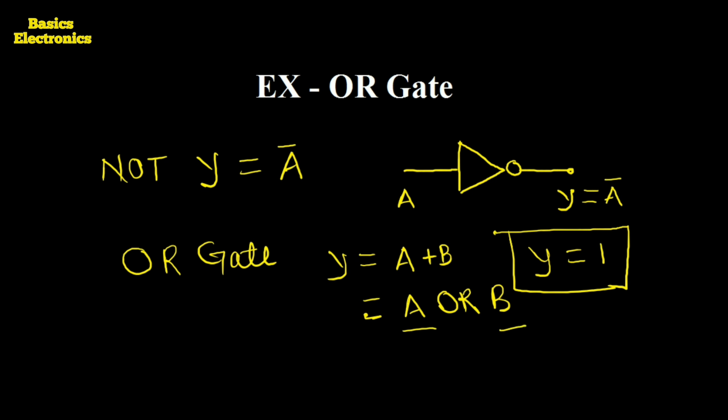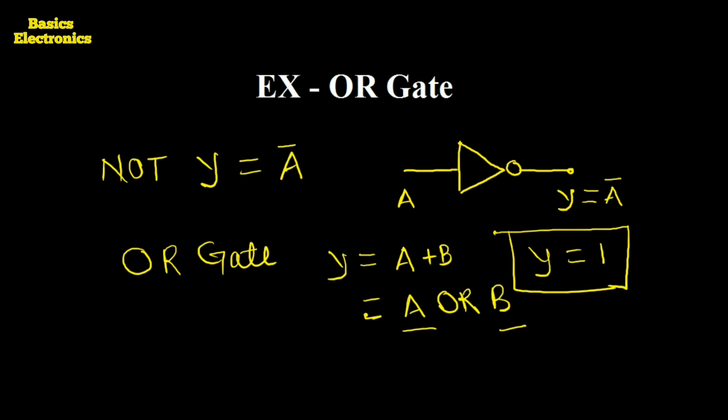Either A equals 1 or B equals 1, or both A and B equal 1. The OR gate produces a logically high output when any one input is logically high or all inputs are logically high. So this is the OR gate.